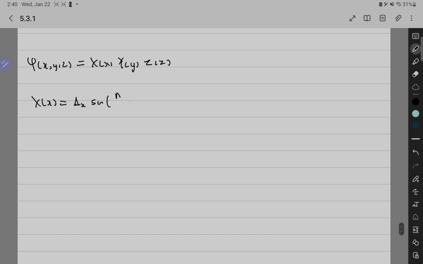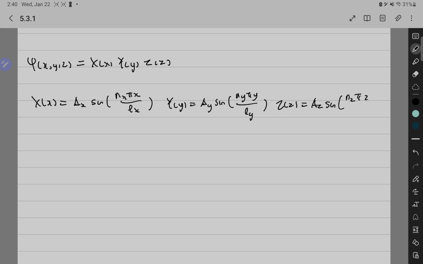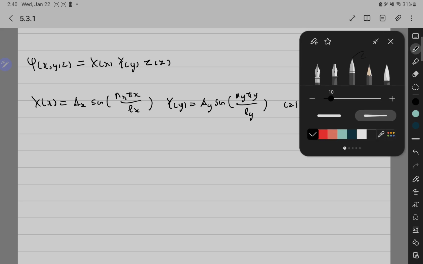So Ax sine of nx pi x over lx. Our Y(y) follows the same logic: Ay sine of ny pi y over ly. Our Z(z) is going to be Az sine of nz pi z over lz is what we have here. I think this is right.